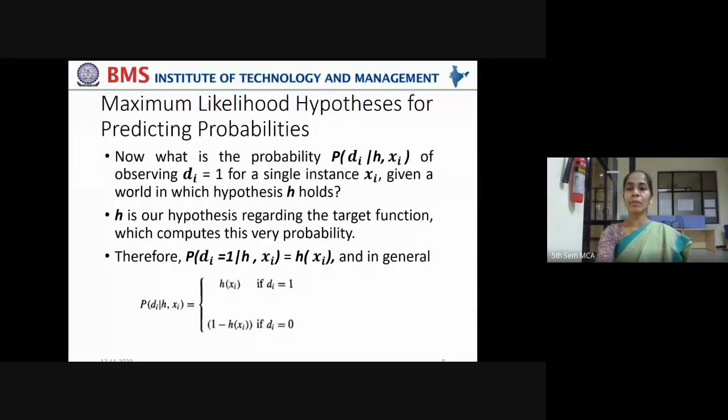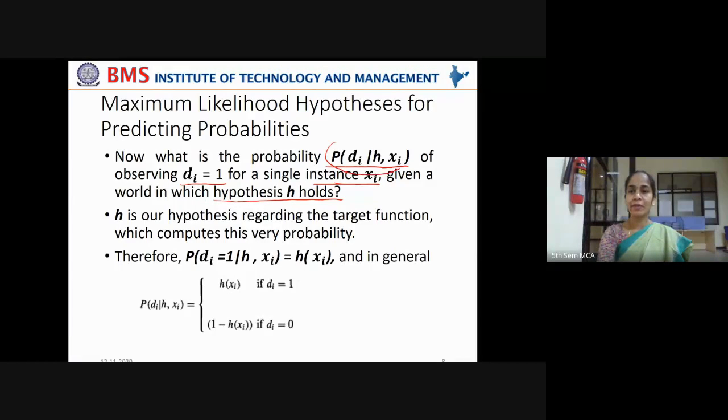Now, what is the probability of di given h, comma, xi of observing di equal to 1? It means: what is the probability of di given h and xi if the outcome label is 1 for a single instance xi, given a world in which hypothesis h holds?